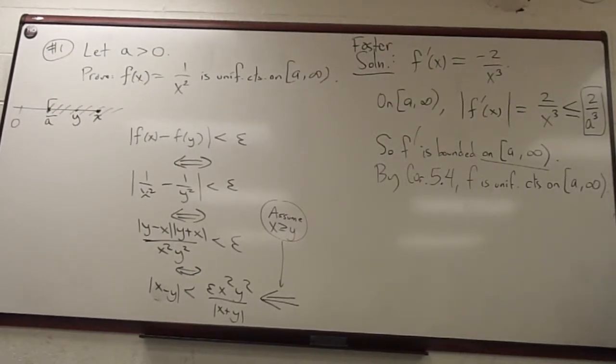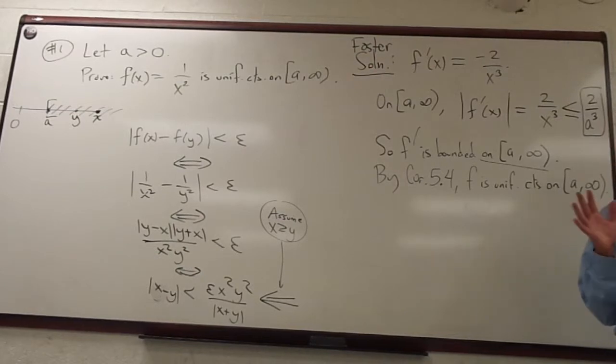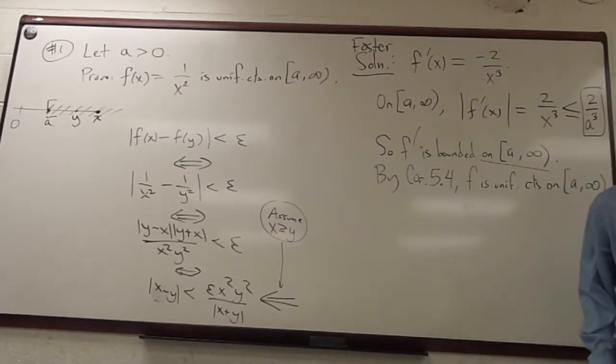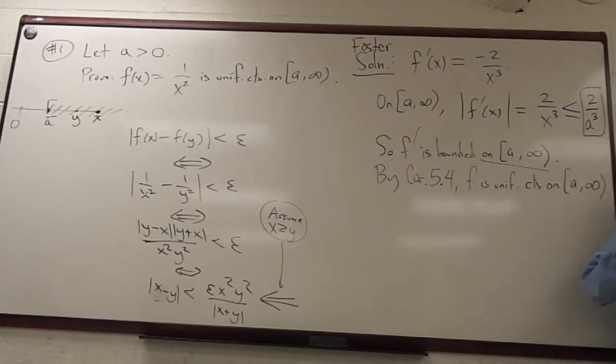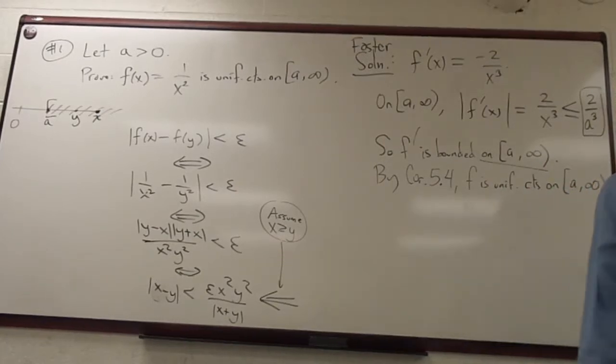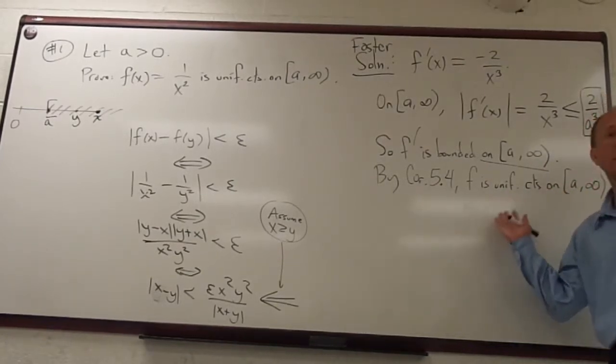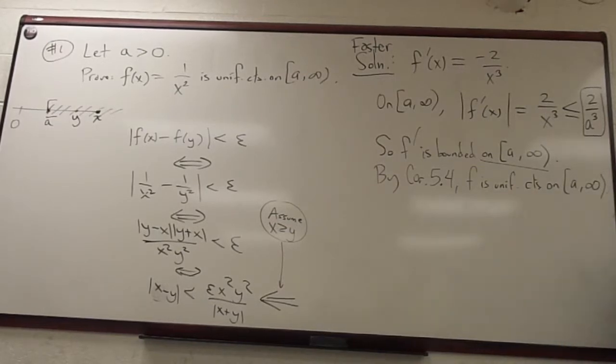The third pitfall is that if your function isn't differentiable somewhere in your domain, then you can't use the corollary, right? The corollary says if the derivative is bounded, and there's an assumption there that the derivative exists, first of all. So if the derivative doesn't exist, then you can't use corollary 5.4.